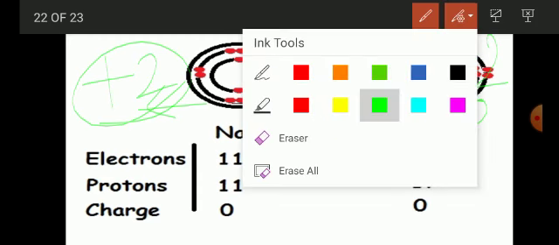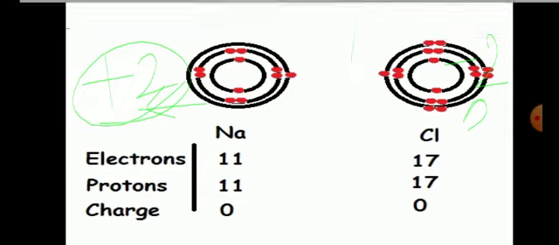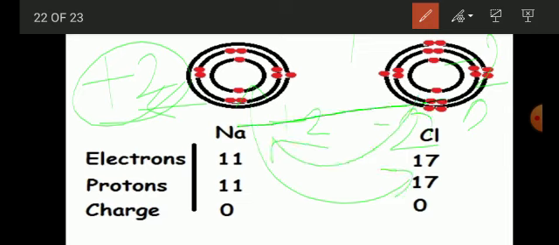So the charge is going to be +2 here and -2 here, as sodium is giving electron and chlorine is getting electron from sodium.